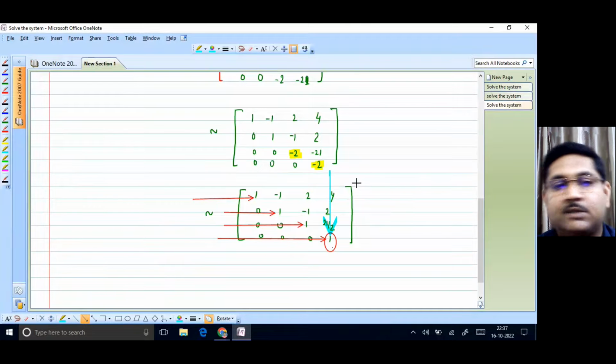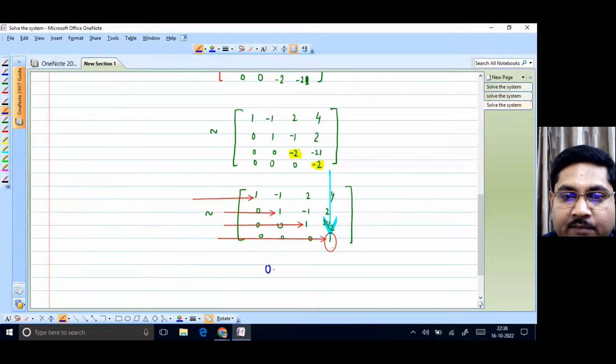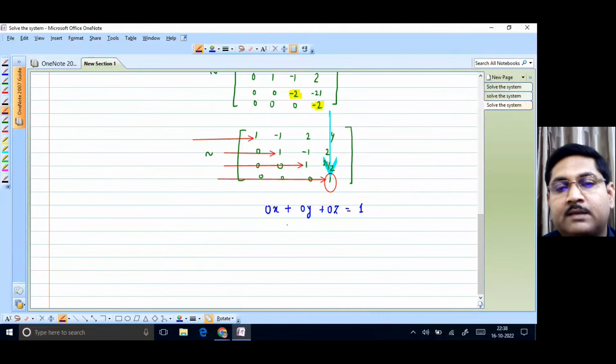So this indicates no solution. The question is why? Because if I write the last equation, it is an equation of this type where we have 0x plus 0y plus 0z equal to 1. Now you can see, what values of x, y, z, when substituted in the left hand side of the equation, can produce 1, that is a non-zero entry?